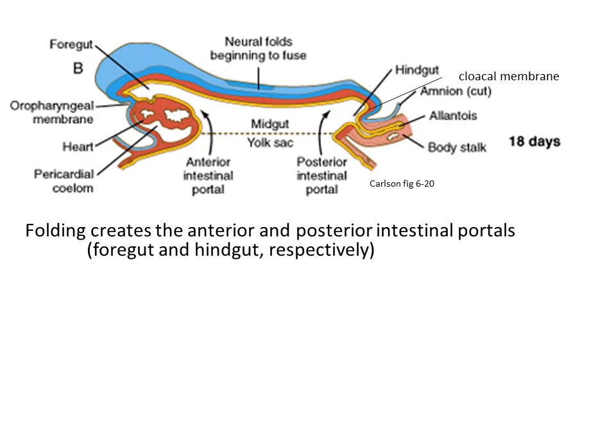As you can see here, folding creates anterior and posterior intestinal portals for foregut and midgut respectively. Here you can see the oropharyngeal membrane, the heart, the pericardial coelom, the anterior intestinal portal, and the posterior intestinal portal.